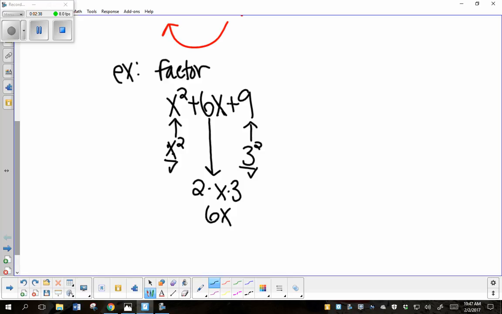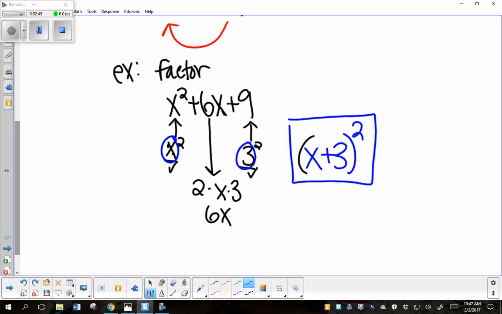So this works. And if we factor it, we're just going to put those two terms that we found in our parentheses and square it. So this is the factored version of that trinomial we started with.